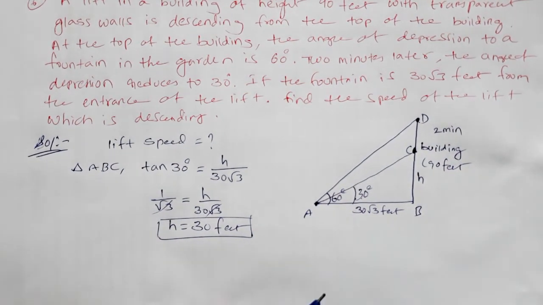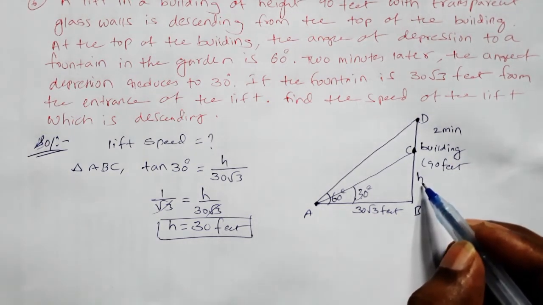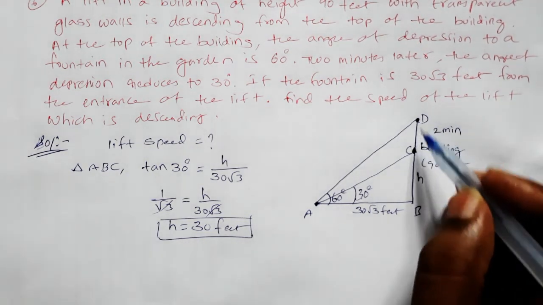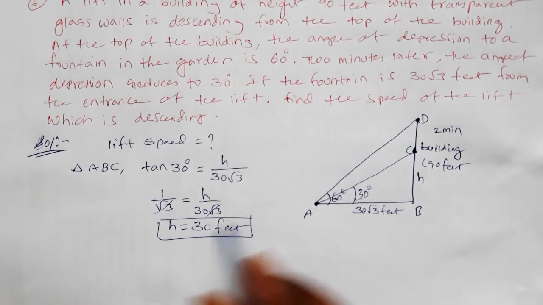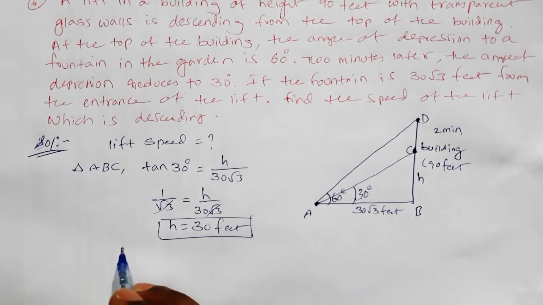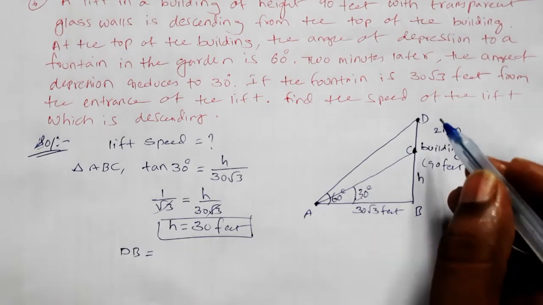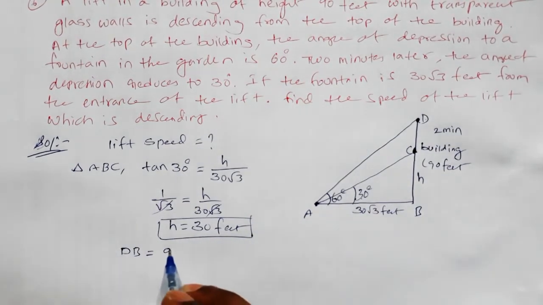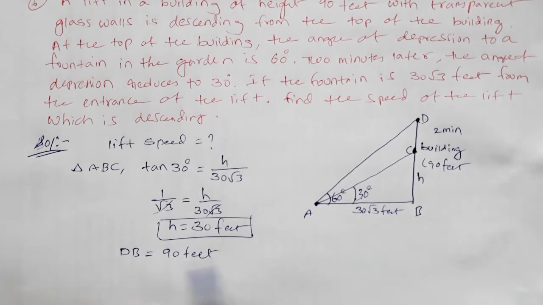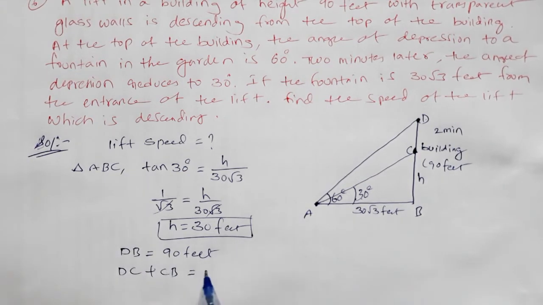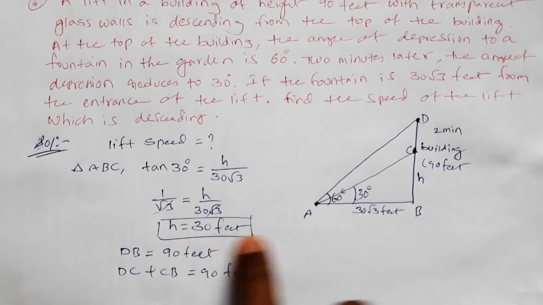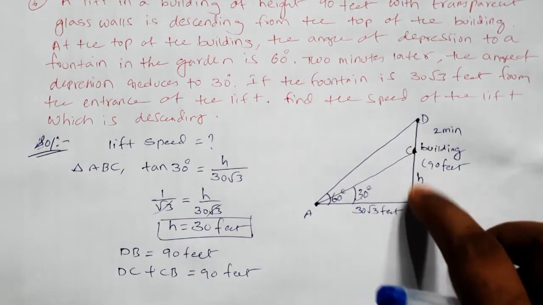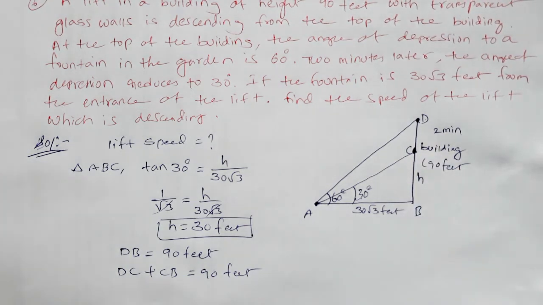Now observe. This is 30 feet, so how much will CD be? Observe this. DB, D to B, is total 90 feet. DB means what? DC plus CB. Now we got H. H means CB.